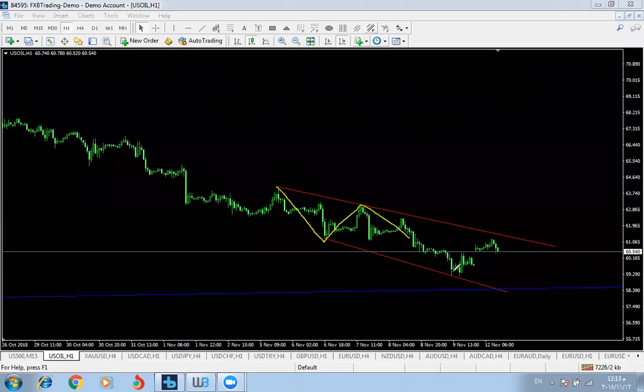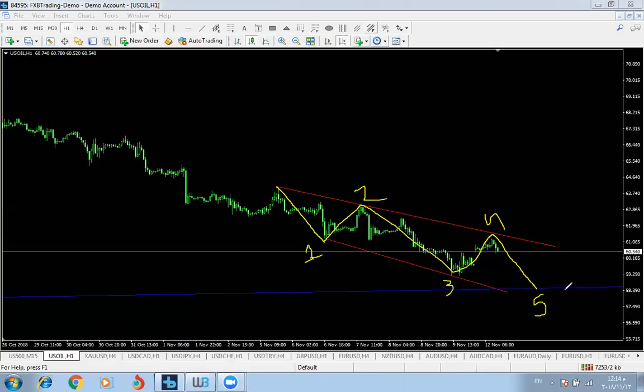This is 3. This is 4, and we should see a leg to the downside to around 59 area. This is wave 1, 2, 3. This is 4. And by the way, this is the last leg of the big bullish move to the downside.